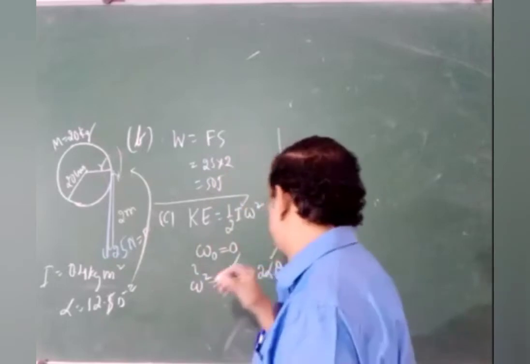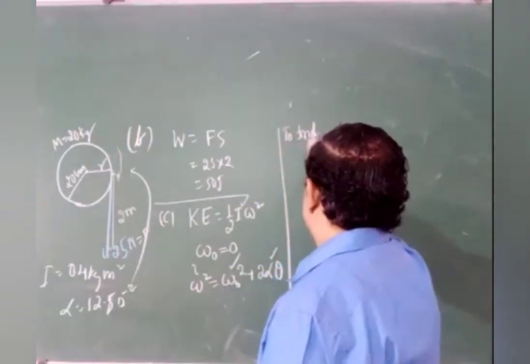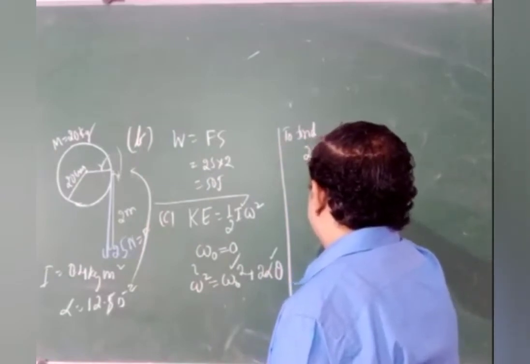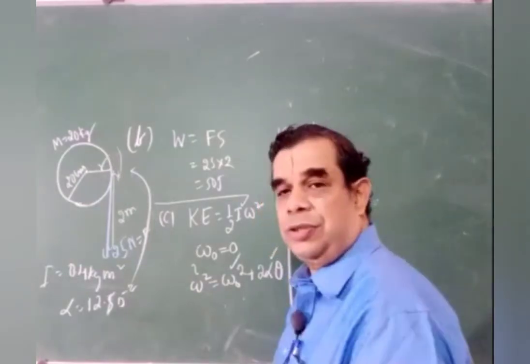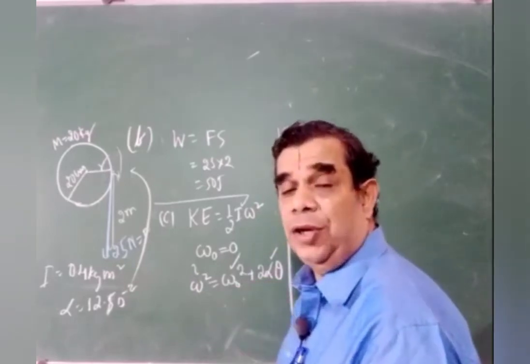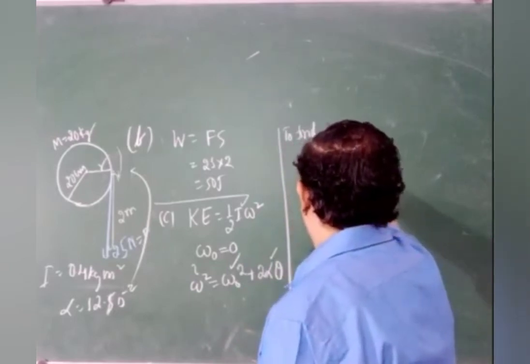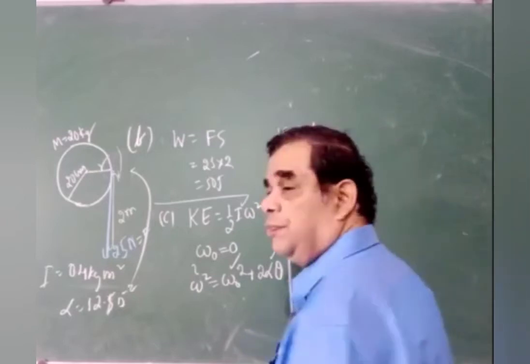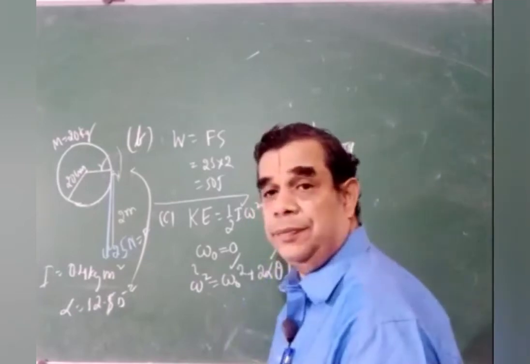Therefore, how many rotations to find theta? Observe, I use this technique. How many rotations are to be taken? For one rotation, 2 pi radians. The whole circumference is 2 pi r.